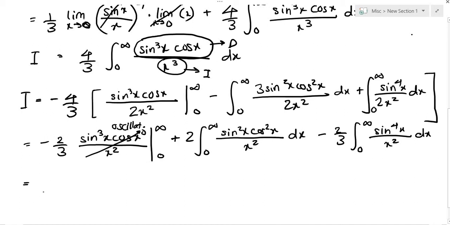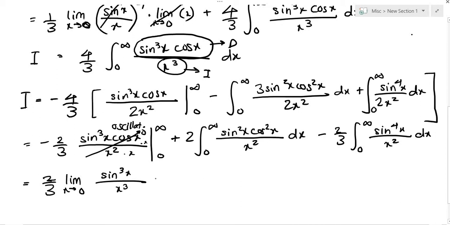And then for the 0 condition, we have 2 over 3 times the limit as x tends to 0, and well, cosine of 0 is 1, so we just forget about the multiplied 1. So we have sine cubed of x. Well, we would like to have an x cubed term, right? So to do that, we need to multiply and divide by an x over here so that we obtain an x cubed and still maintain equality.